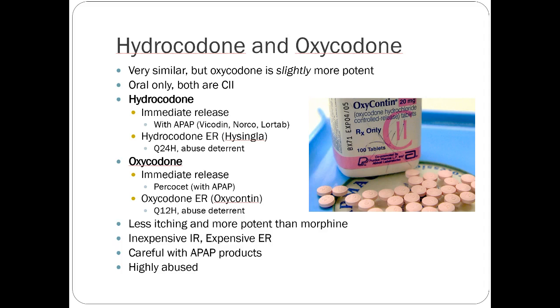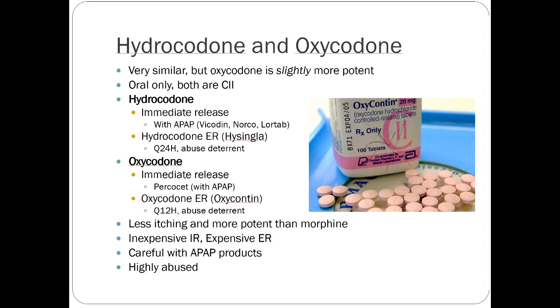The FDA came out a couple of years ago and said you can't have more than 325 milligrams of acetaminophen in a narcotic-containing product due to overdose risk. So they limited that. Vicodin technically stopped existing at that point, although it had been generic for many years. When I first started in pharmacy, Vicodin was by far the more common one, and now that product doesn't exist. You can only get Norco as far as the brand name goes, but people still call it Vicodin. It's fine. It's the same drugs.